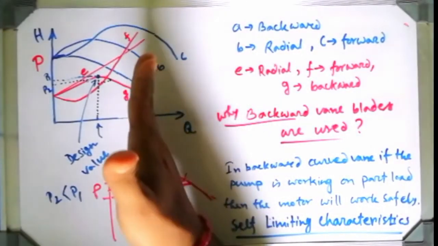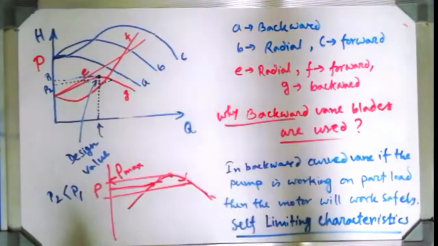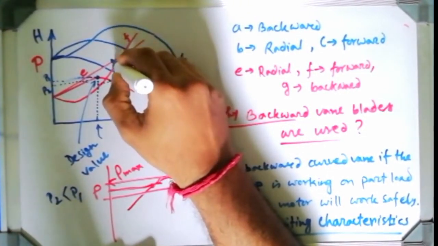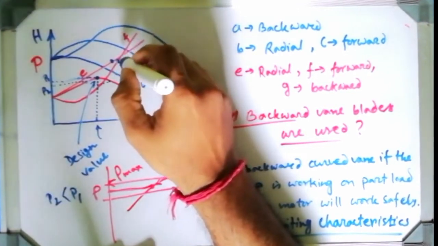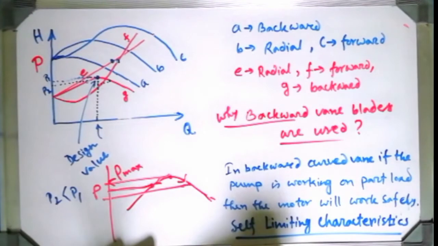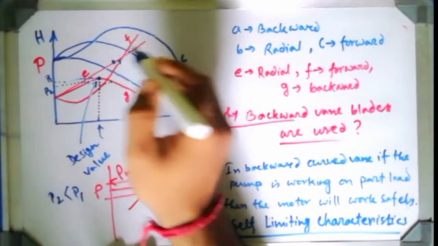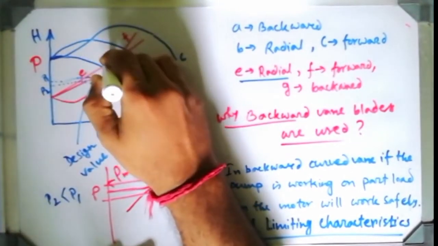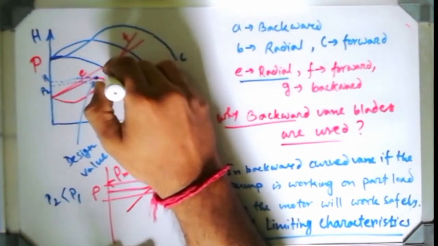If we use radial curved or forward curved vane, suppose for the E curve, if I set the design point over here or over here, then if we go for the E curve, the radial one, it is straight climbing up. I have set the design point over here. This is the design point.